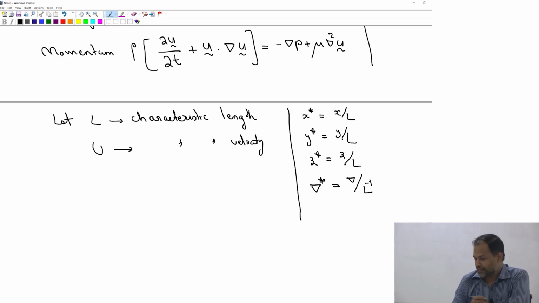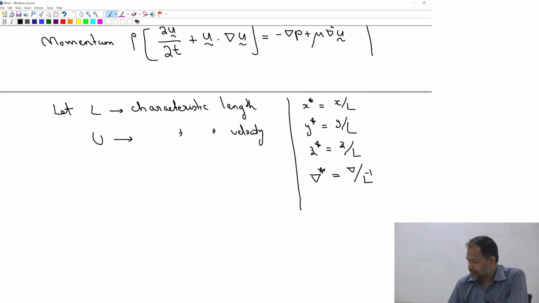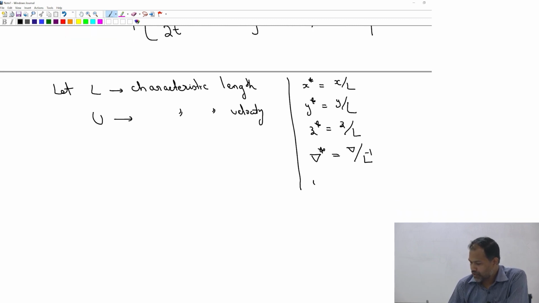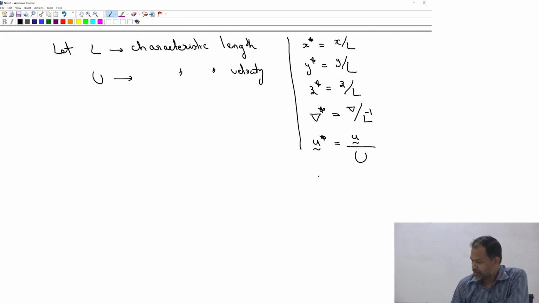For velocity, with components ux, uy, uz, I'll say u star is u divided by the characteristic velocity U. My t star will be t divided by L by U. Any doubts? Pressure.